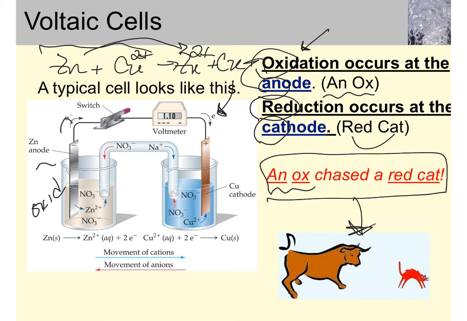The electrons are traveling through the wire that's connecting the two cells, and the copper cation is accepting the electrons delivered from the anode, and so copper serves as the cathode. That's where reduction happens. Notice that it is the copper cation that is accepting electrons to become copper metal, and it is the zinc neutral metal that, when it loses electrons, turns into the zinc cation.